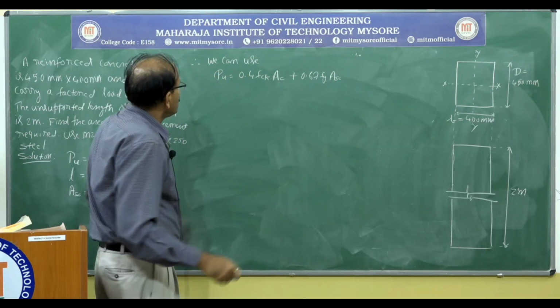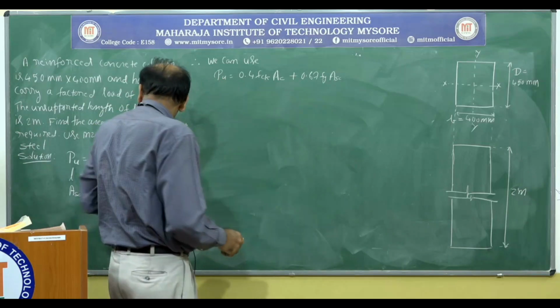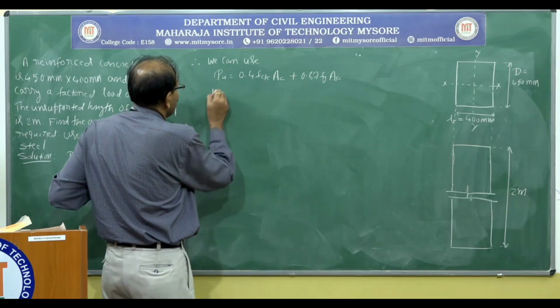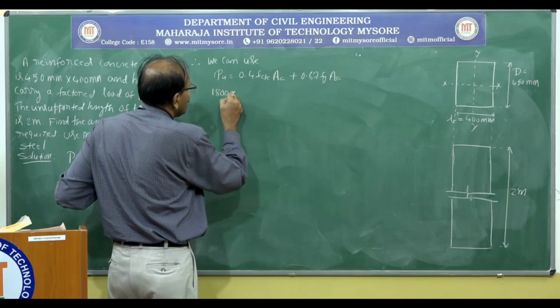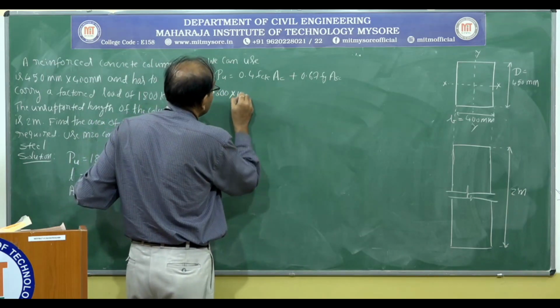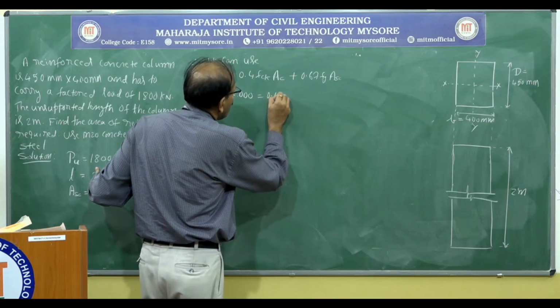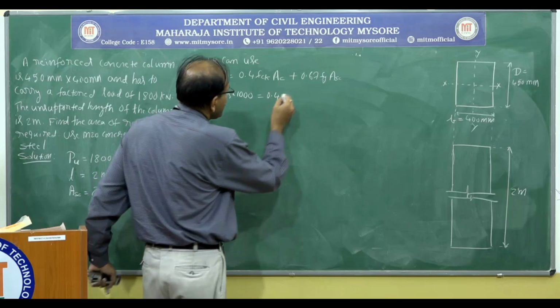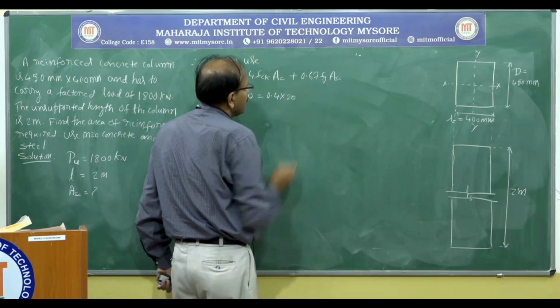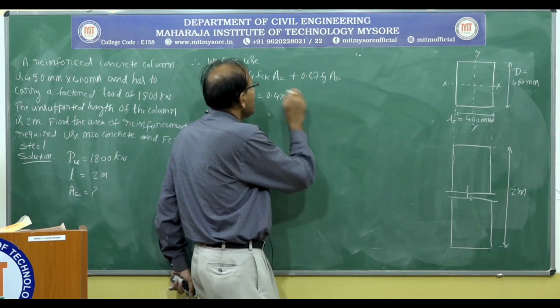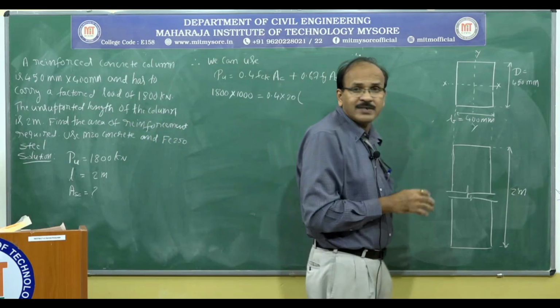Okay. So here in place of Pu I am going to substitute whatever the value given, that is 1800. I am going to convert the value into Newton, equal to 0.4 FCK. FCK is 20 because we are using M20 concrete, and AC is the area of concrete.